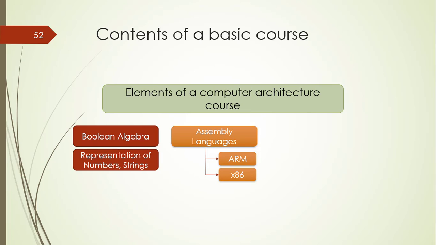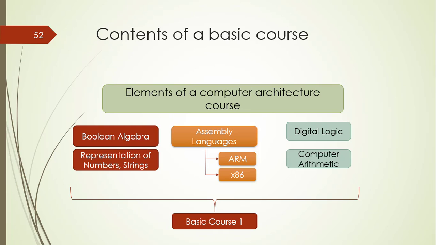Then assembly languages are taught, which are not as low level as machine code, but pretty much one line of assembly corresponds to one line of machine code. Typically the ARM and x86 assembly languages are taught. Then digital logic, so how do we build digital circuits? And then of course computer arithmetic, how do we add, subtract, multiply, divide in computers.